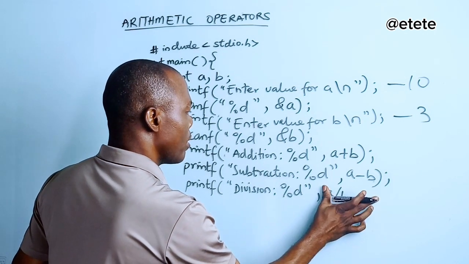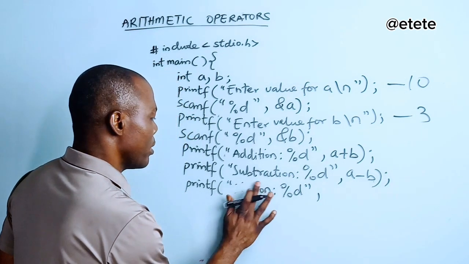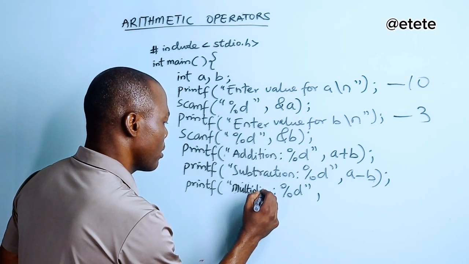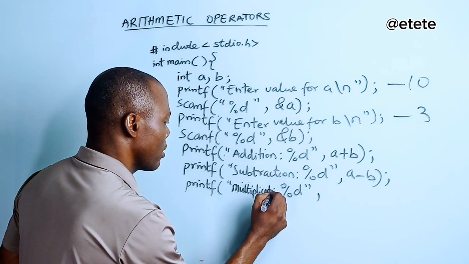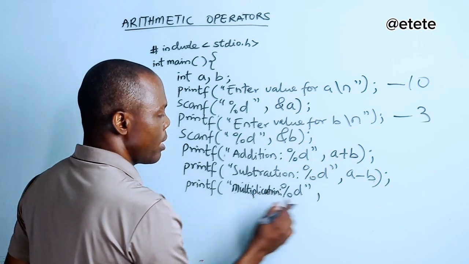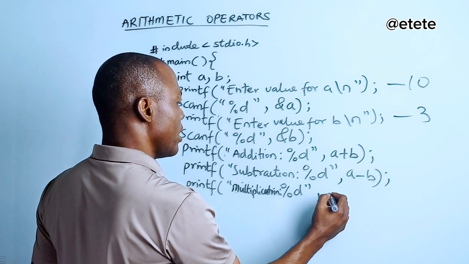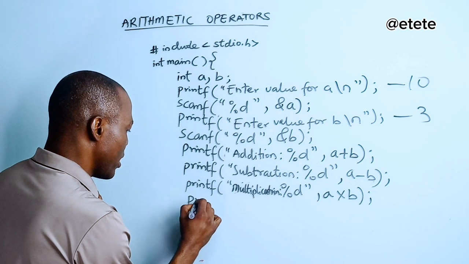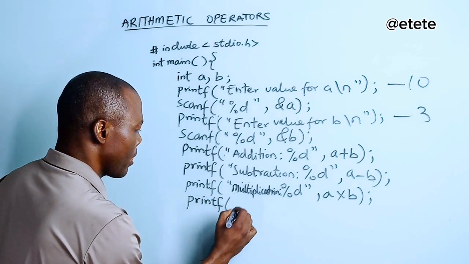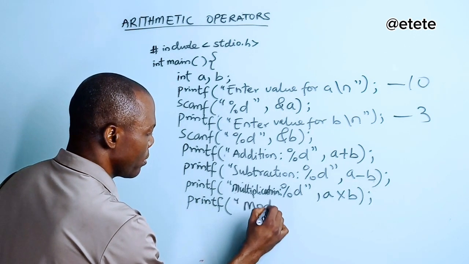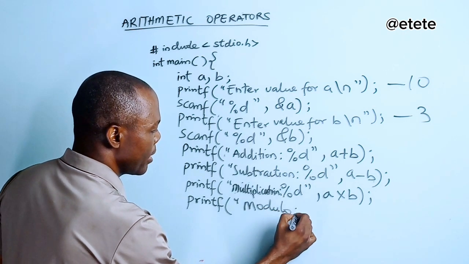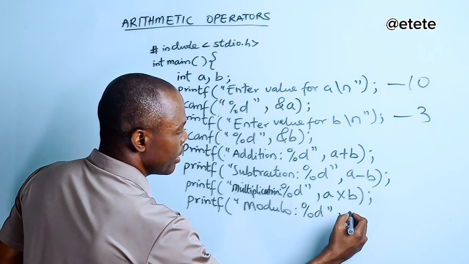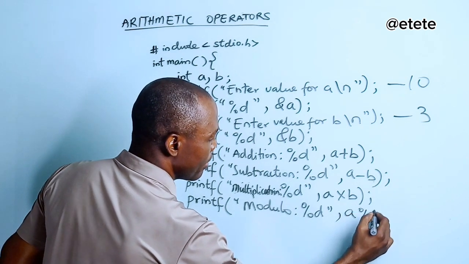Then this one I will say multiplication, then a multiplied by b. Then this one I will say printf, modulo, right? Then I will do this. Then I will say a, b.